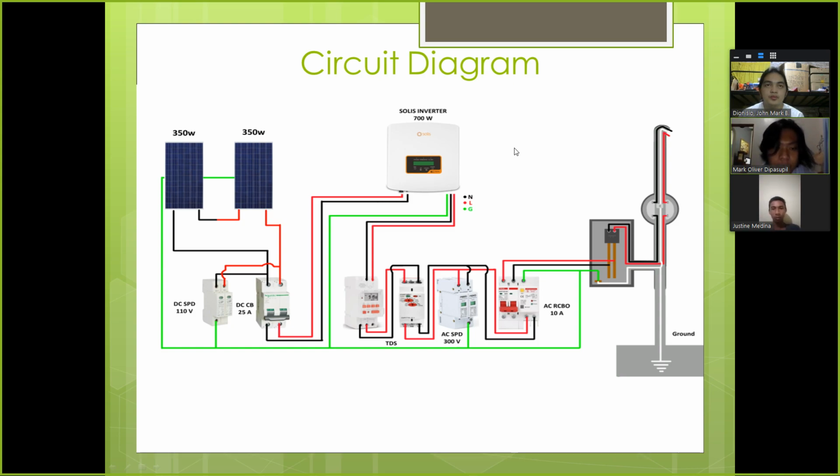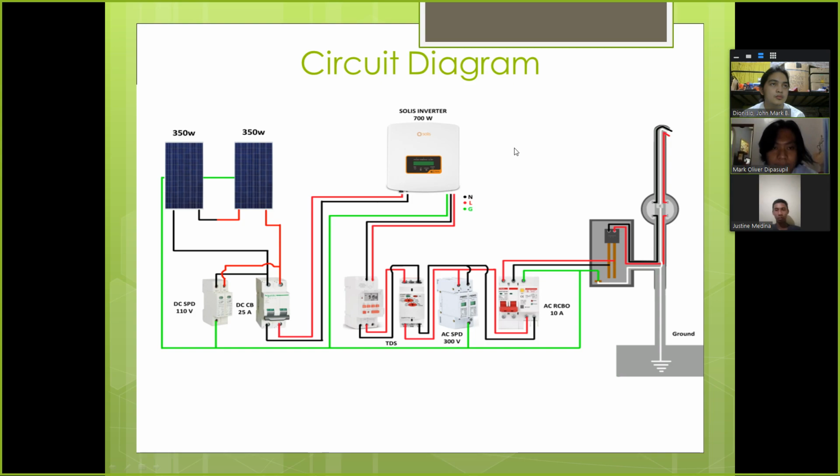Okay, so itong DC circuit breaker natin, nakakonekta in series dito sa ating Solis inverter. So itong Solis inverter na to, itatransform niya yung ating DC signal from dito sa ating array into AC. So yung AC ngayon na yan, ibabato niya dito. So, meron siyang neutral, line, and ground wires.